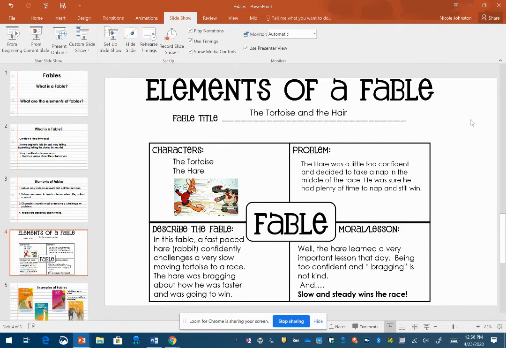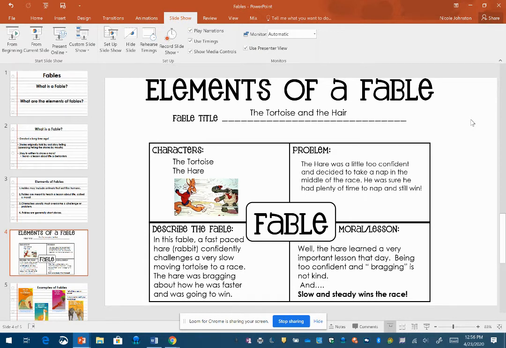By the end of the short story, the hare learned that it's not good to be too confident, and it's not good to brag, and it's certainly not kind, and you're not going to make others feel good. And in the end, none of that is going to help you to get ahead or to win. So the biggest takeaway in this short story is that slow and steady wins the race.